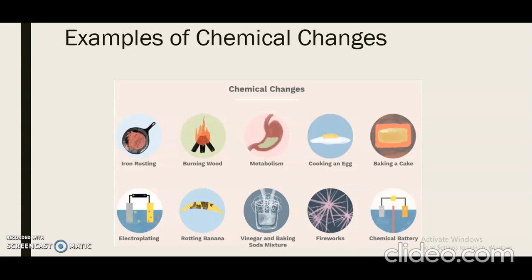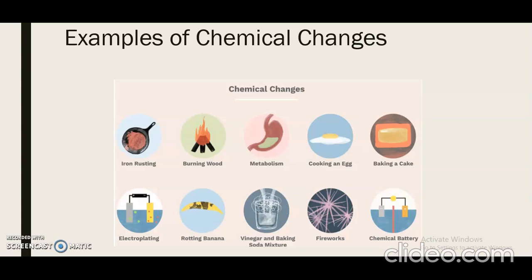Now in these, I'll explain how burning of wood and baking a cake are chemical changes. Burning of wood produces ash and smoke. So the properties of the wood are changed and a new substance is formed. So it is a chemical change.